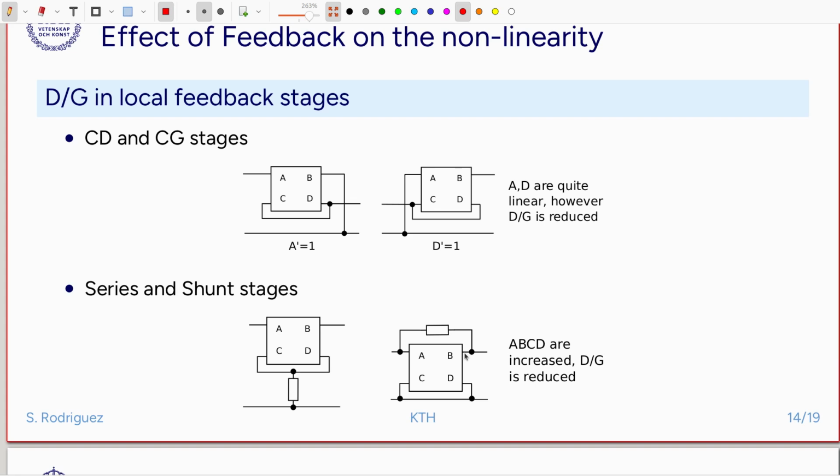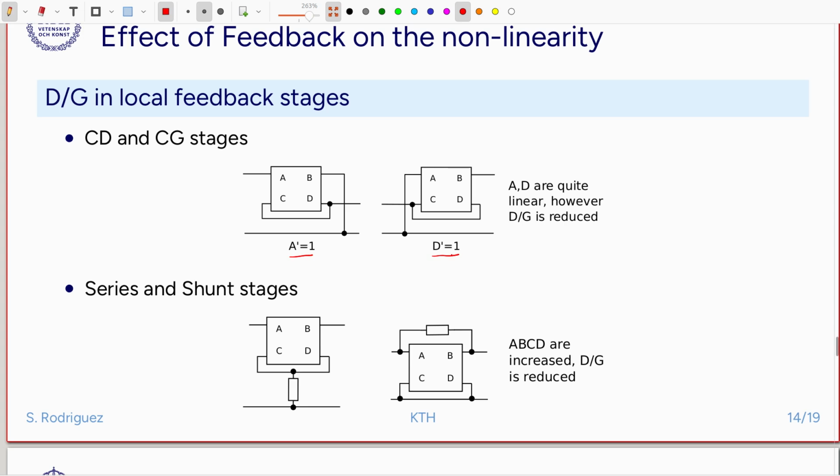Now let's focus a little bit on the blocks that we have studied before, the common drain and common gate stages. These blocks have one parameter that is close to 1. And even though these parameters are quite linear, in the case of the common drain, the voltage gain is approaching 1, and in the case of the common gate, the current gain is approaching 1.